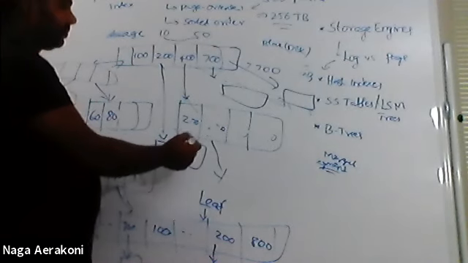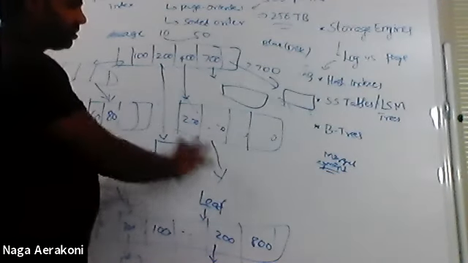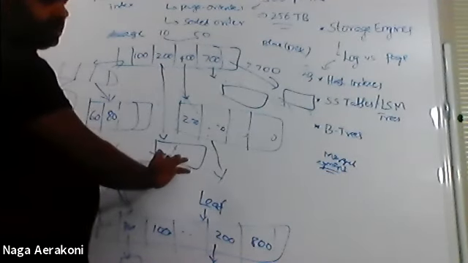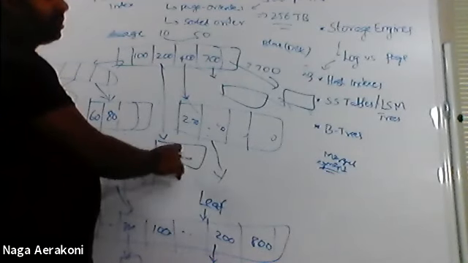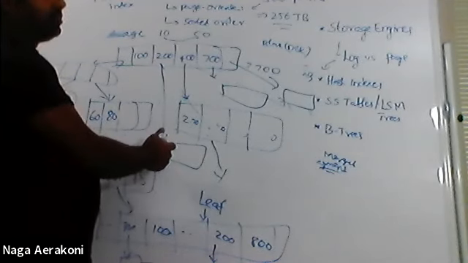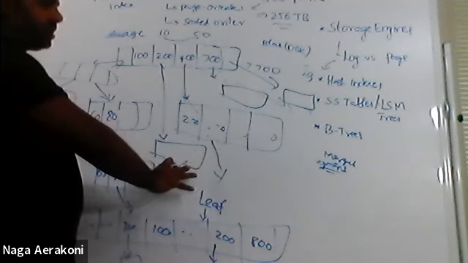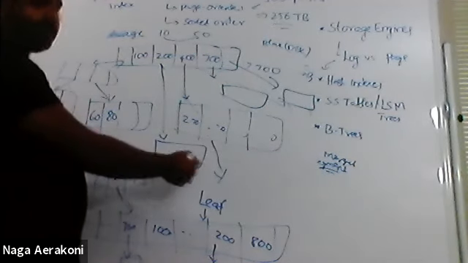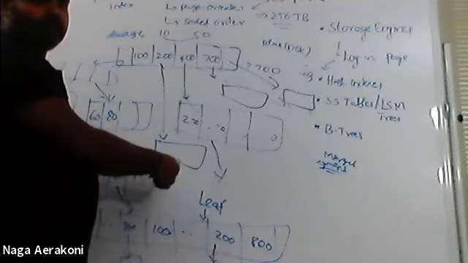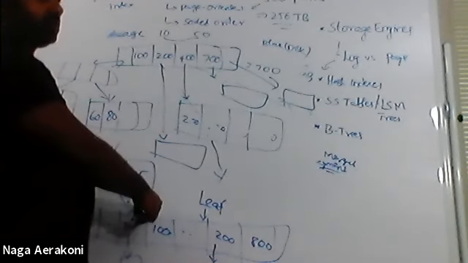Suppose you are updating some data for some key, and in the process of updating that B tree, the hard disk or the system crashes. Then wherever you are writing will be left halfway, right? So you'll end up having some corrupted nodes or leaf nodes.